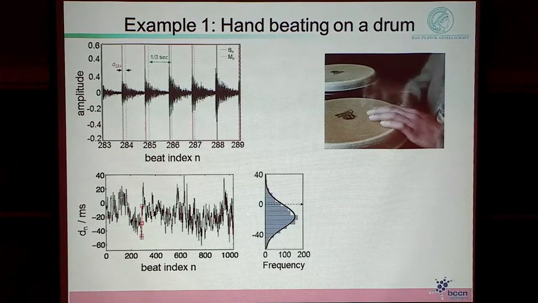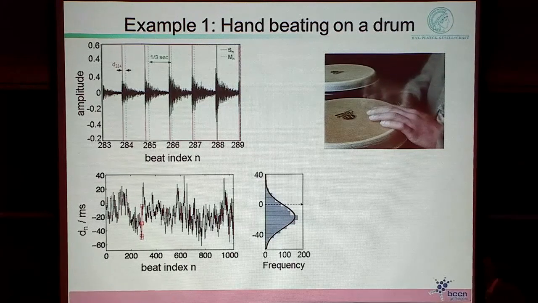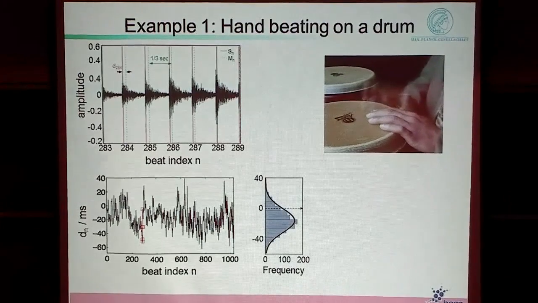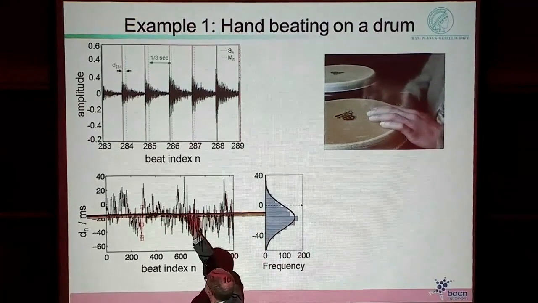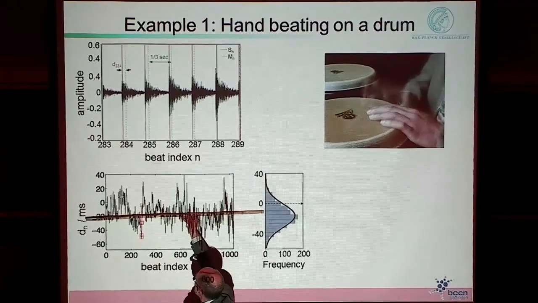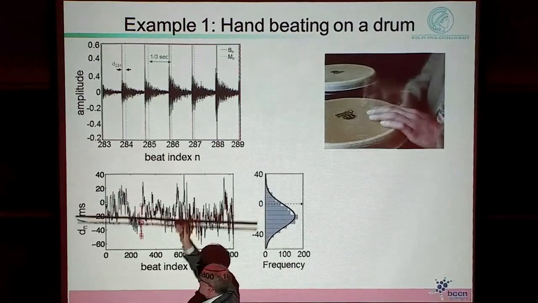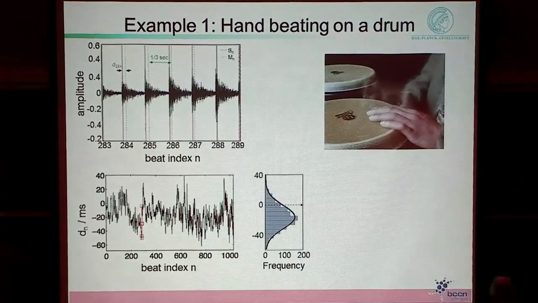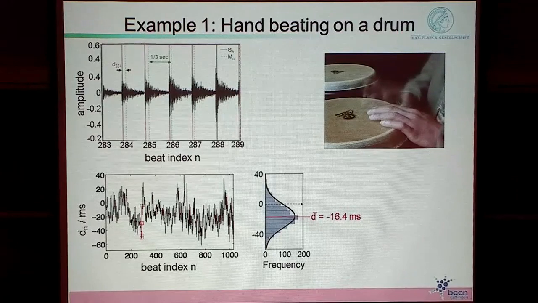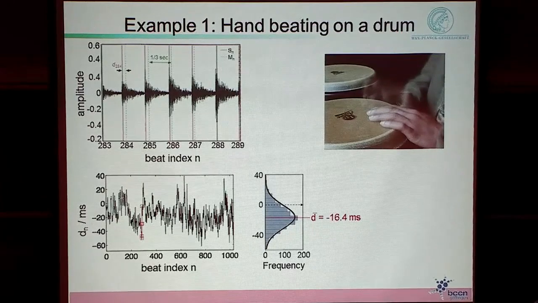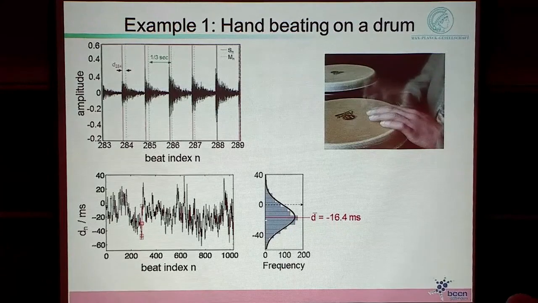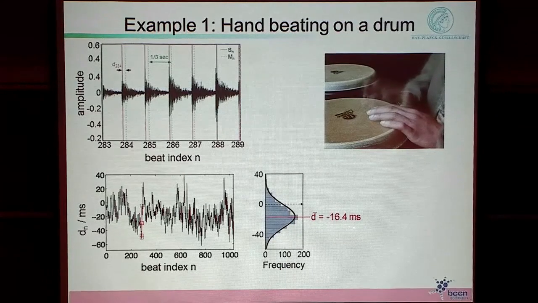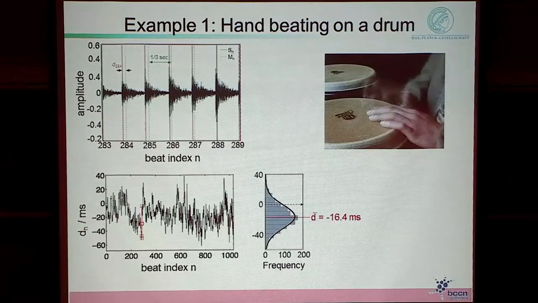What you can see is that the average, or the most frequent deviation, is somewhat below 0, negative values. So the mean, or the most frequent deviation, is about minus 16 milliseconds in this Gaussian distribution.